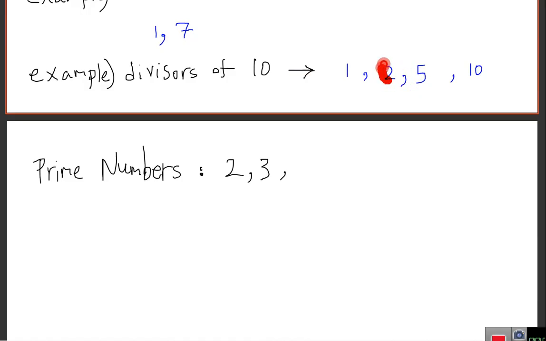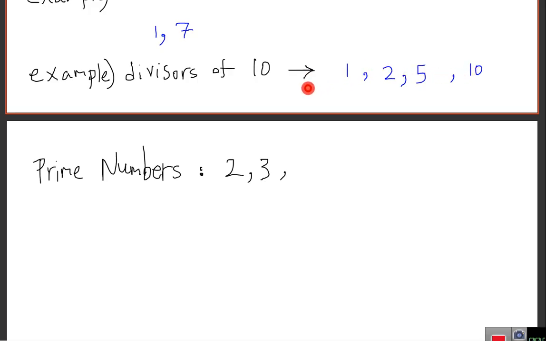As I told you, 2 and 5 come together. And 1 and 10 come together. So we understand that it has 4 divisors, which means it has divisors other than 1 and itself.